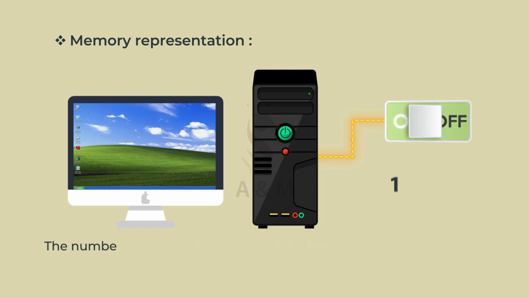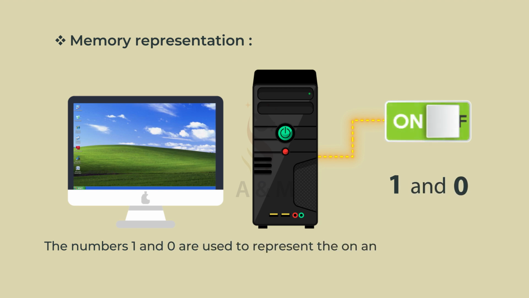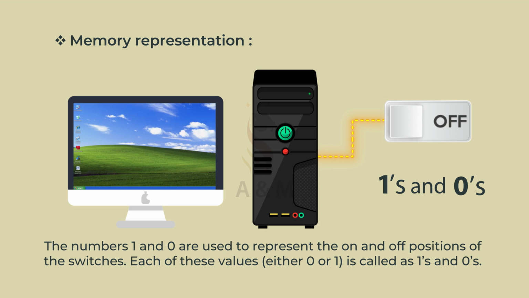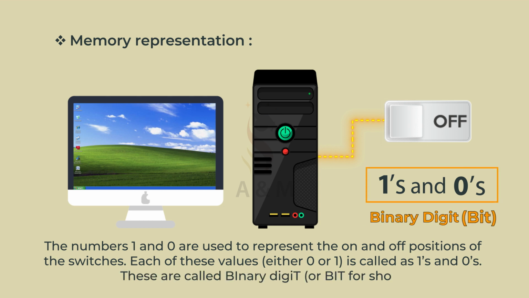The numbers 1 and 0 are used to represent the on and off positions of the switches. Each of these values, either 0 or 1, is called a binary digit, or bit for short.